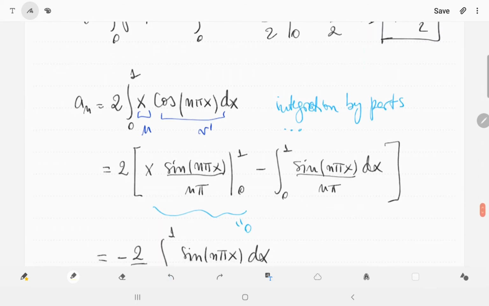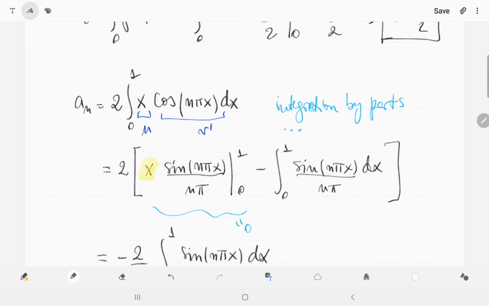For an, we know from the formulas that we saw before that this is 2 times the integral from 0 to 1 of x cosine of n pi x. Again, we use integration by parts. We can call this u and this v prime. Then here we have an antiderivative of v prime, so v can be this.